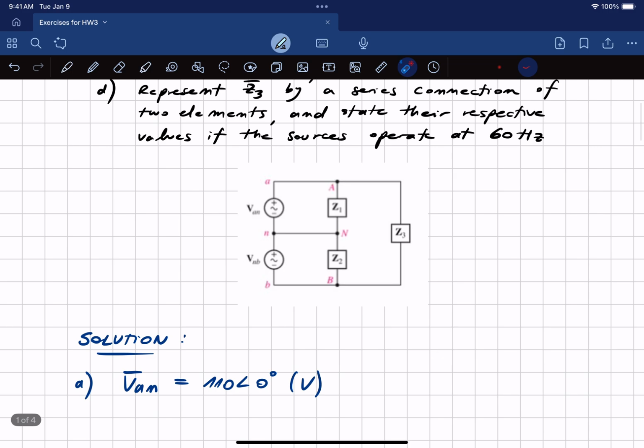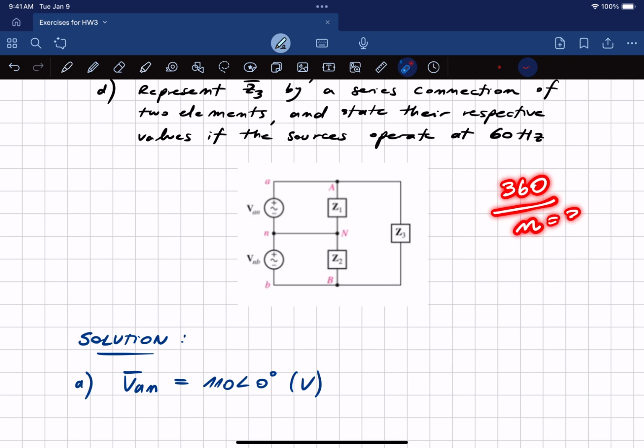So for VBN, we need to understand what's the property behind two-phase systems. If we have one with angle 0, the other one is going to be pointing the other way, right? So the angle is going to be 180 degrees apart. For a three-phase system, we have three phases, so the subdivision of angles is going to be 360 divided by the number of phases, right?